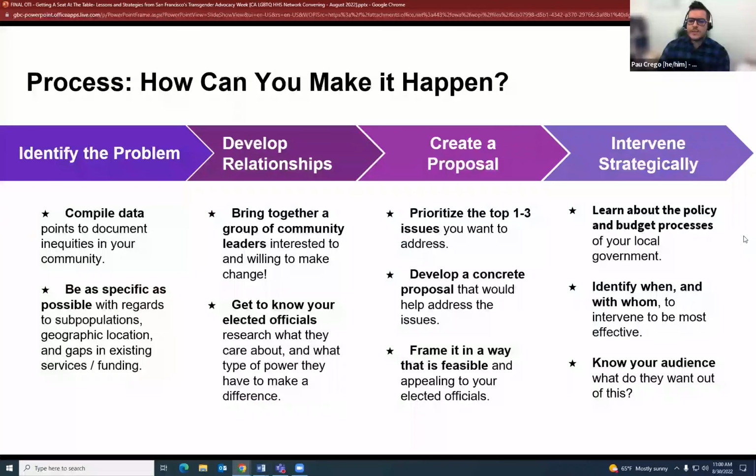So we've identified 4 steps to create something like an advocacy week. We'll go into these 4 steps more in depth in the next few slides, but basically the 4 steps are identifying the problem, developing the necessary relationships, creating a proposal, and then intervening strategically. Next slide.